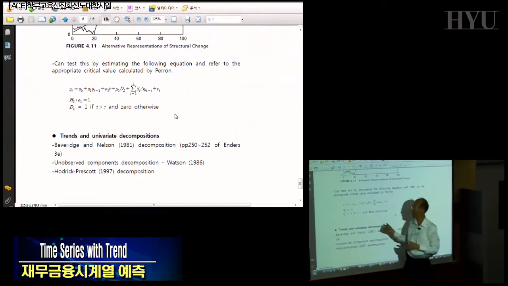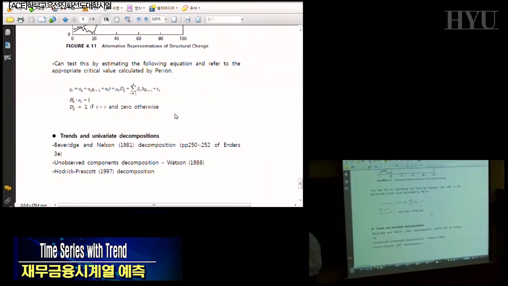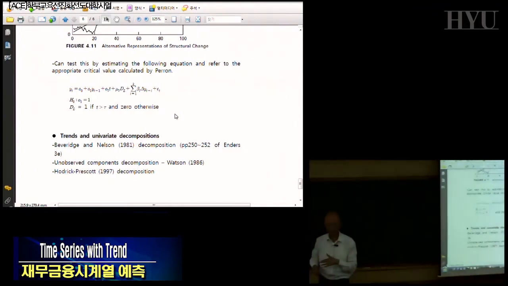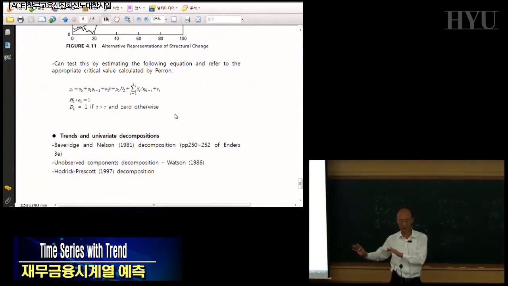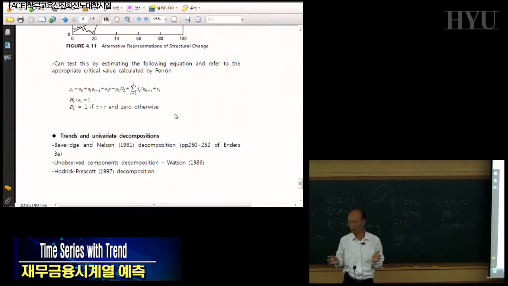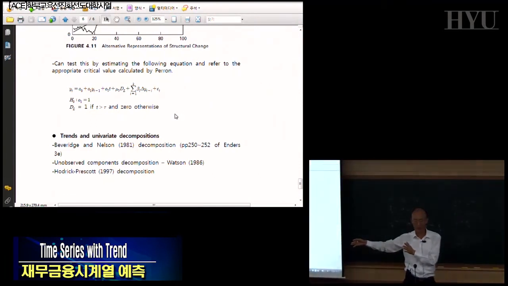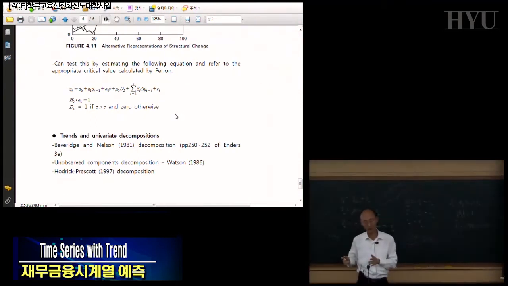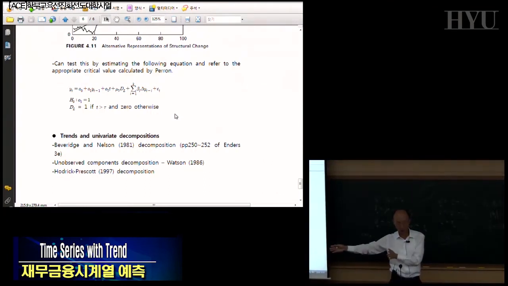So the stance is like this. When Nelson and Plosser revived the idea of Dickey and Fuller, saying, well, the trend stationary assumption, which had been popular before the 80s, Nelson and Plosser showed that the trend stationary time series assumption, that kind of assumption, is not reasonable.